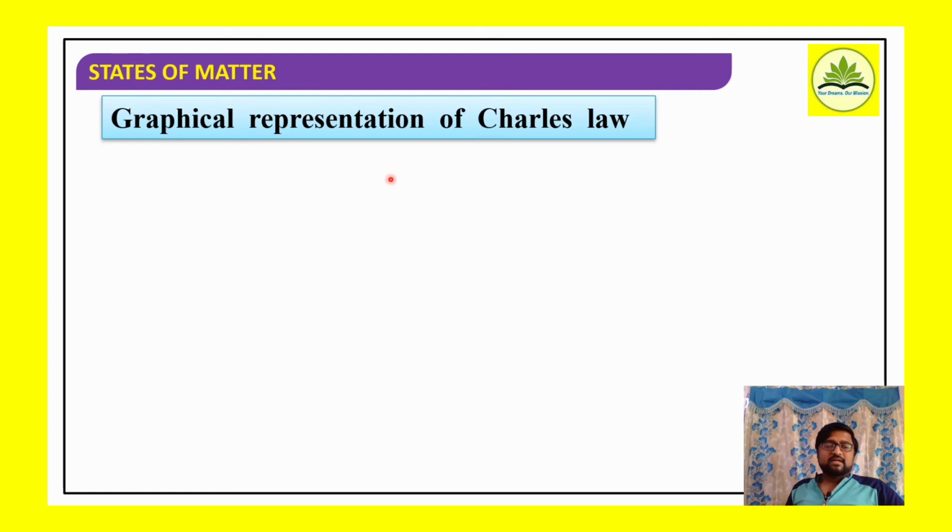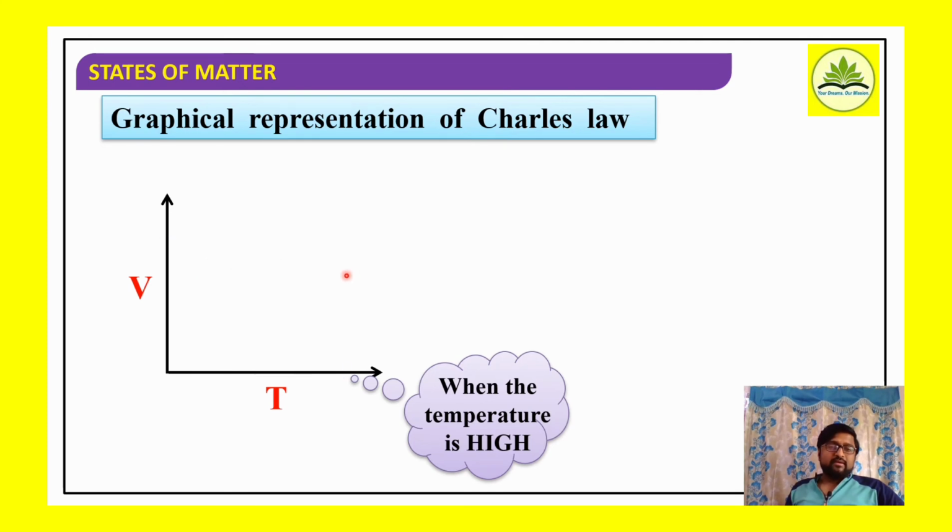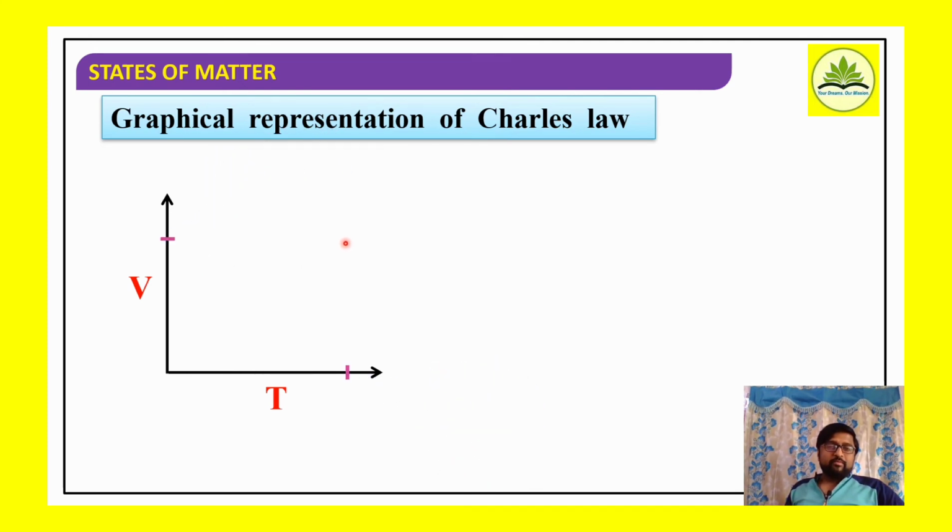Now, if I consider the graphical representation of Charles law, just consider the coordinates volume and temperature. We know that when the temperature is high, the corresponding volume is also high, right? Therefore, we get a corresponding point here in the graph.